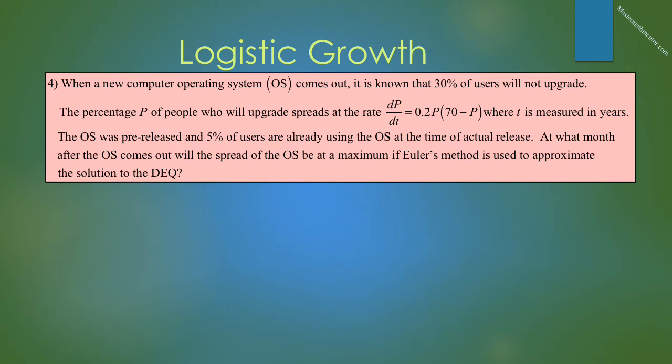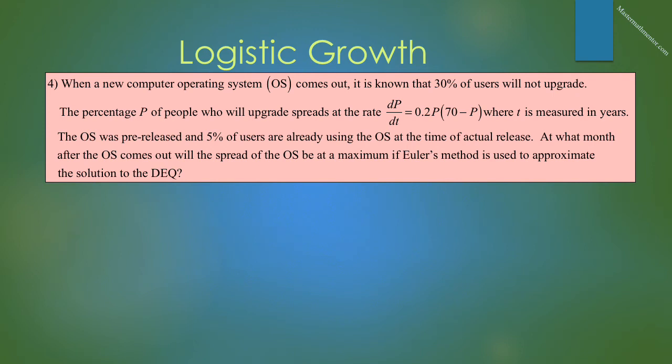Number 4 reads, when a new computer operating system comes out, it is known that 30% of users will not upgrade. The percentage P of people who will upgrade spreads at the rate dP/dt equals 0.2P times the quantity 70 minus P, where t is measured in years.